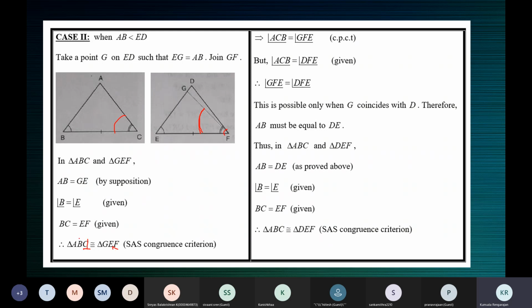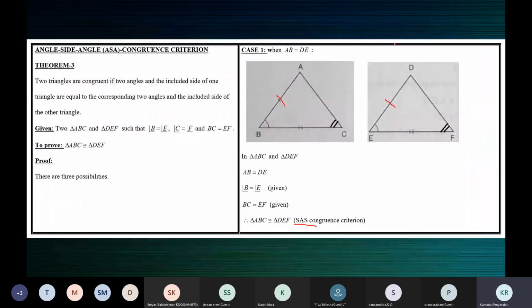That means angle ACB is equal to angle GFE, by CPCTC.